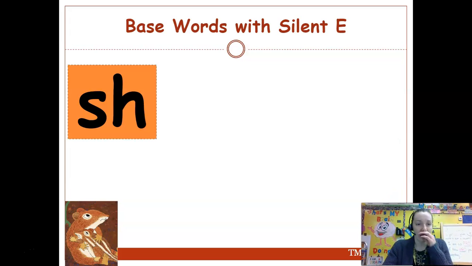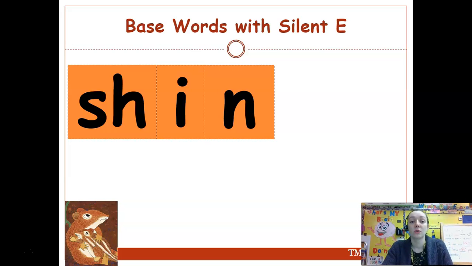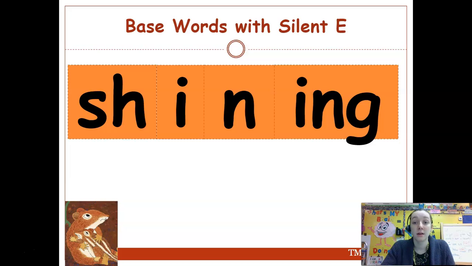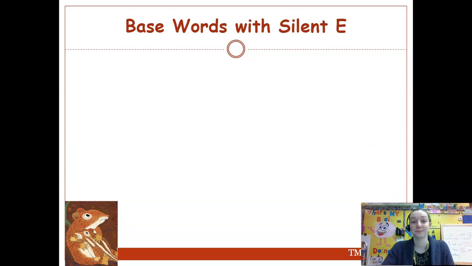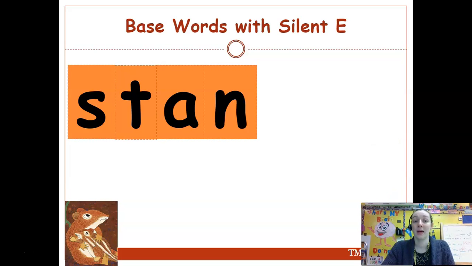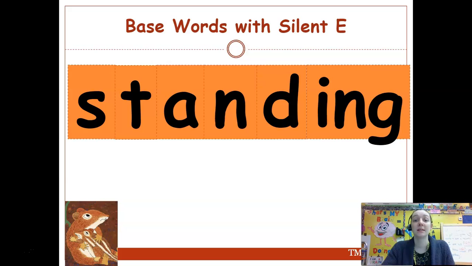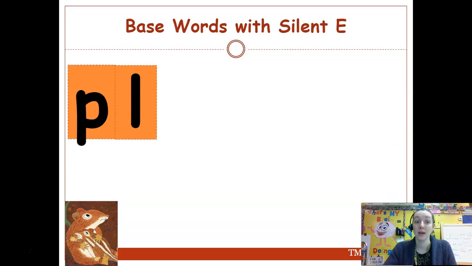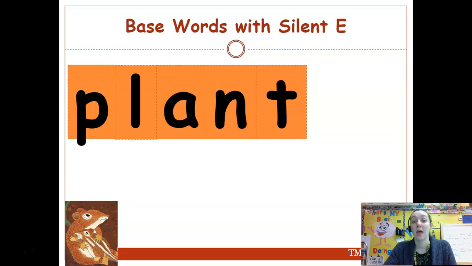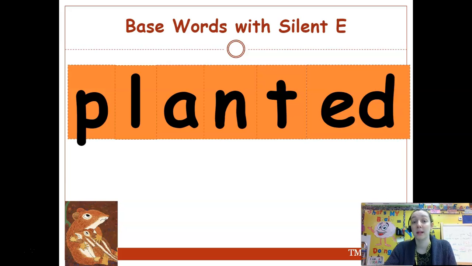All right, so you have the digraph sh. So sh, ing, shining. Again, this had that silent E, you had to drop and add ing, shining. And then you have st and ing, standing. Now this one did not have a silent E, so you did not have to drop anything, you just added that ing.